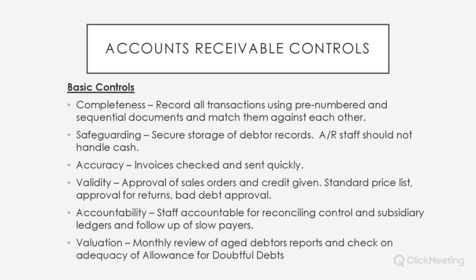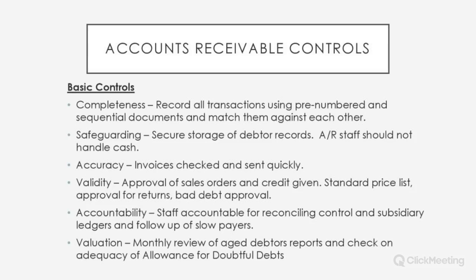Some procedure should be in place for these things. For accountability, staff should be accountable for reconciling control and subsidiary ledgers, and follow-up of slow payers should be in place. For the valuation objective, monthly review of aged debtor reports and a check on adequacy of the allowance for bad debts should be in place.